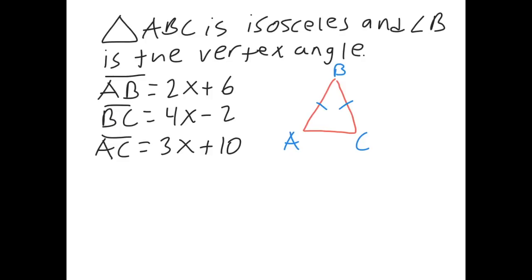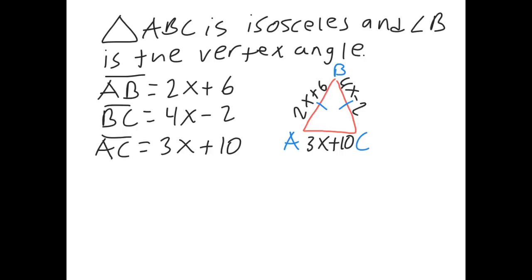So we know that AB is 2x plus 6. BC is 4x minus 2. And AC is 3x plus 10. So the two sides that are equal are 2x plus 6 and 4x minus 2. So let's set them equal to each other.